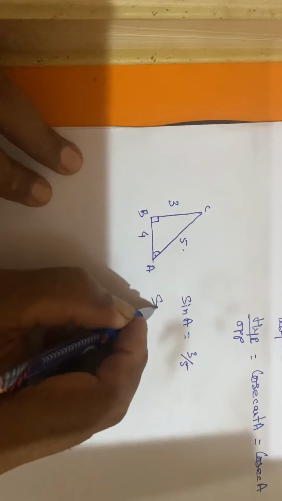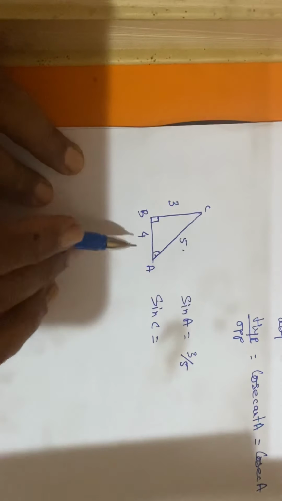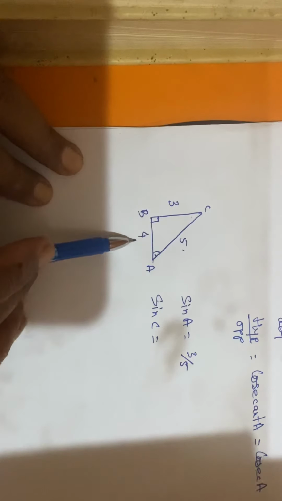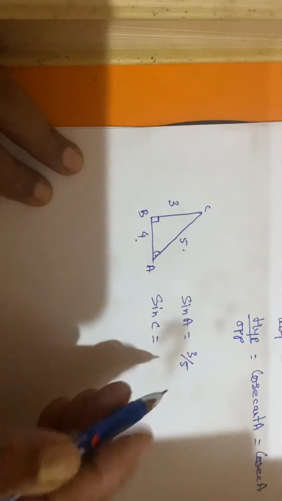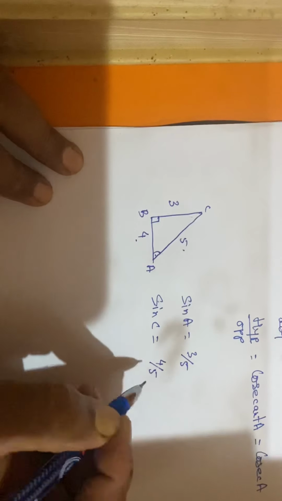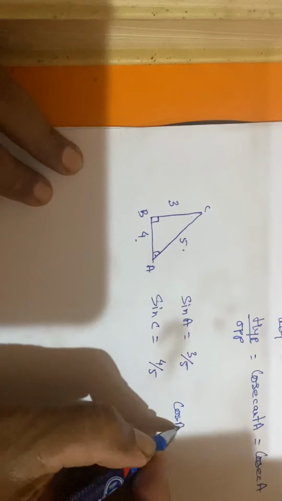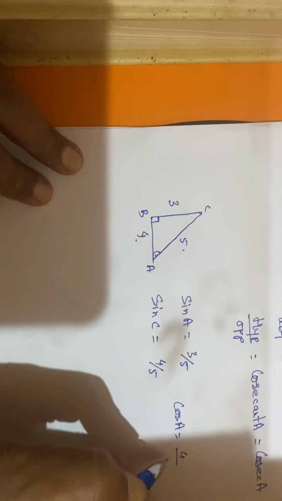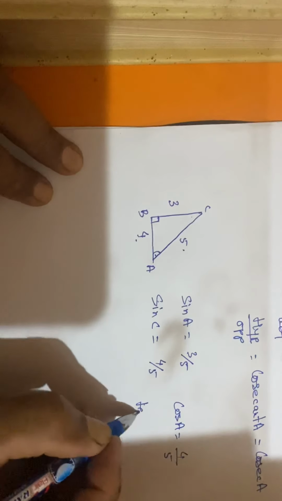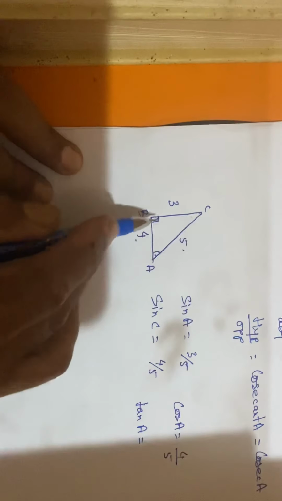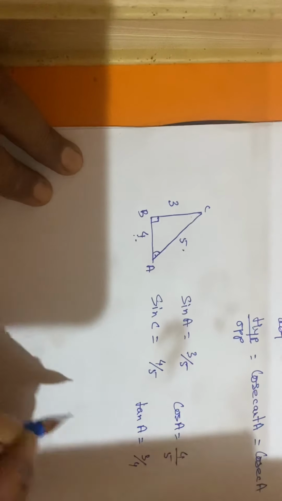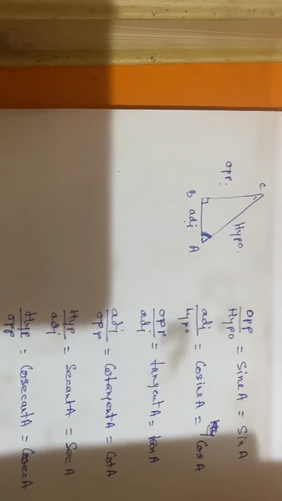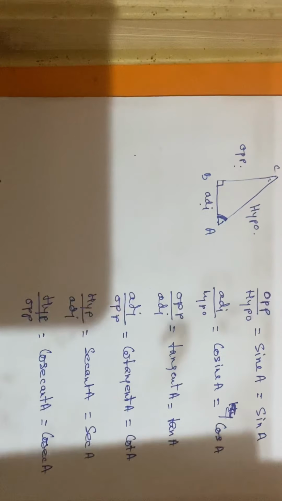If you are told sine C, sine means opposite by hypotenuse, so they are talking about C. Then AB will be your opposite side, so sine C will be 4 by 5. Cos A is adjacent by hypotenuse, so your adjacent is 4, hypotenuse is 5. Tan A is opposite by adjacent. Am I clear? So first make a chart, and the sums are easy.